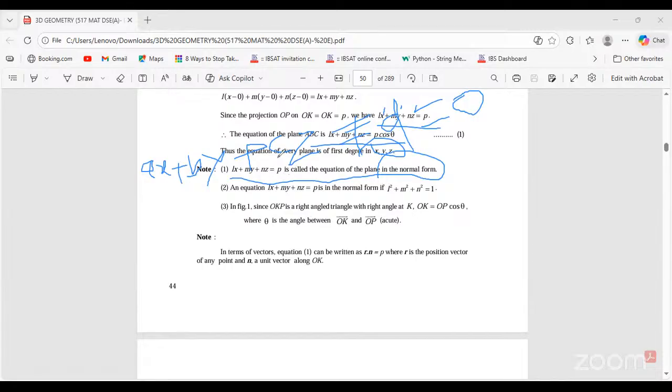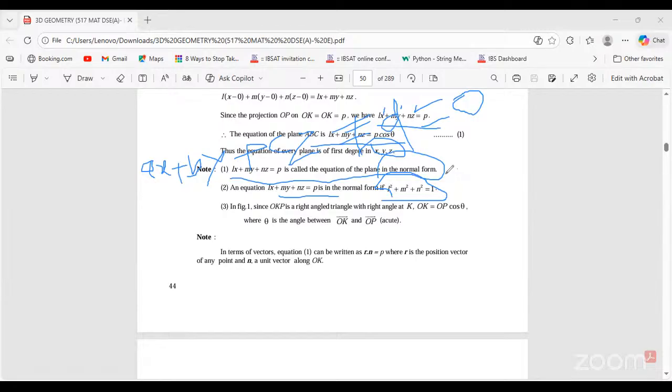P is the perpendicular distance from the origin to the plane. Now Lx plus My plus Nz equals to P is called the equation of a plane in normal form, and an equation is in normal form if this condition holds: L square plus M square plus N square equals to 1. This is true.